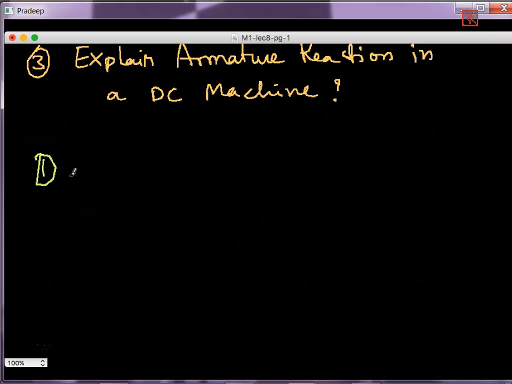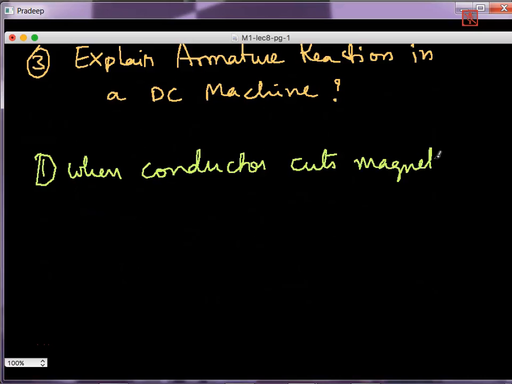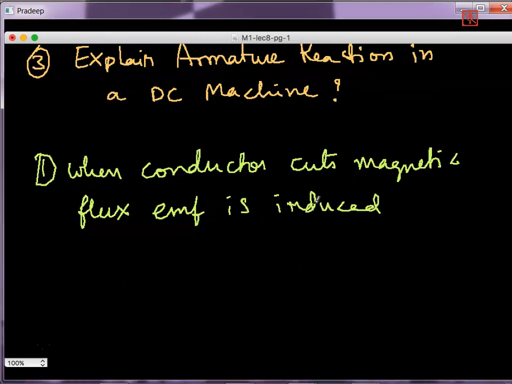When a conductor cuts magnetic field, this principle is used in DC generator.